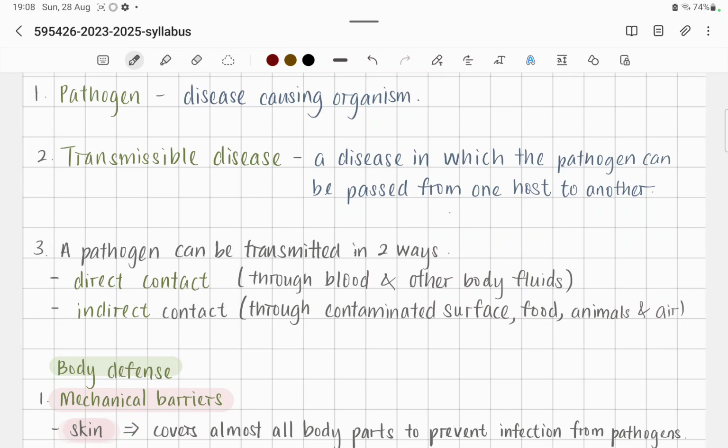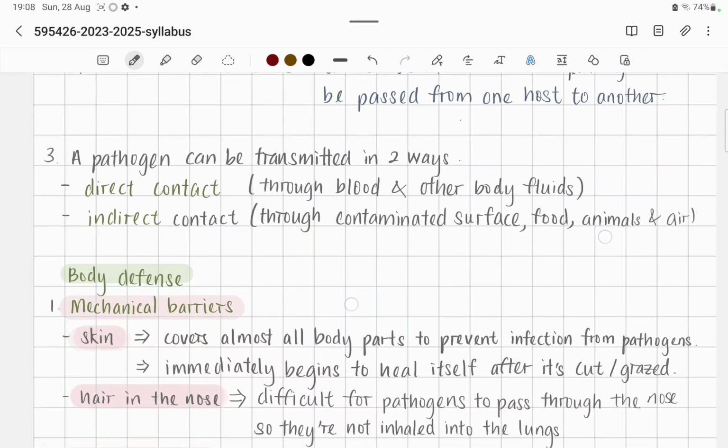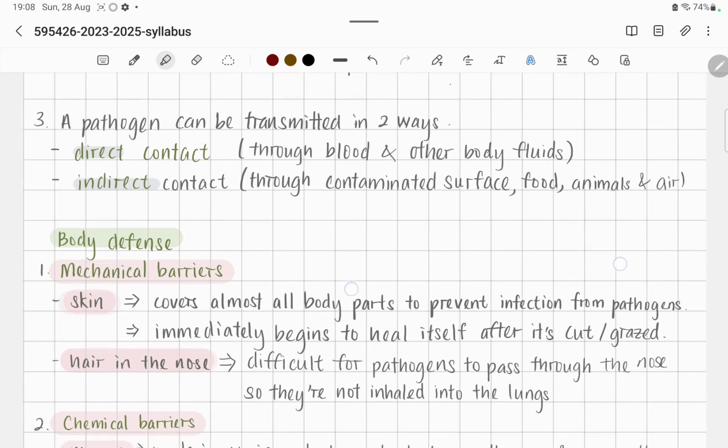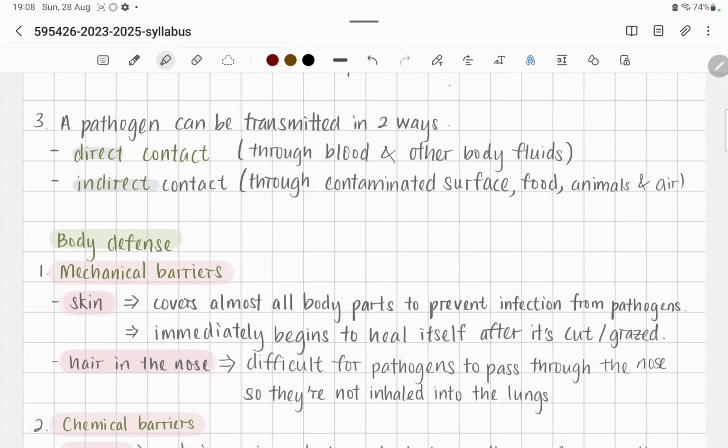Pathogens can be transmitted in two ways, direct or indirect. Direct means through blood and body fluids like saliva and others.